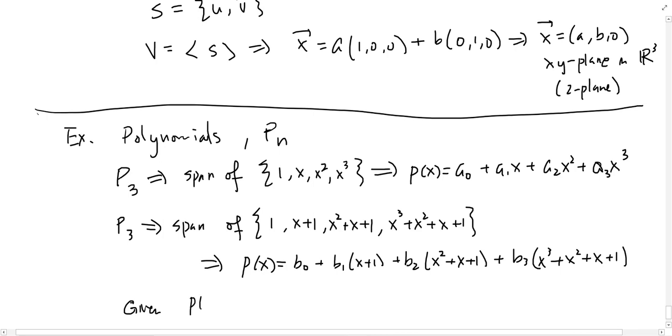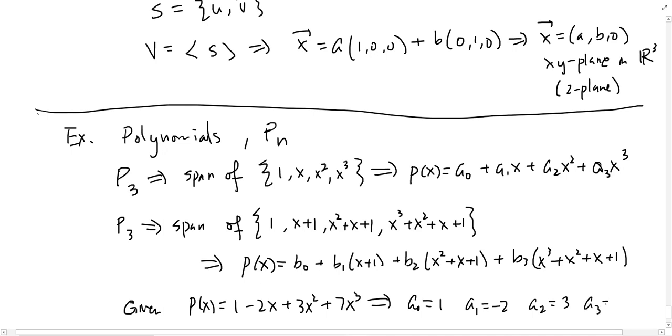Let's say I'm given this polynomial p of x equal to 1 minus 2x plus 3x squared plus 7x to the third. Then I can say that just means I have a sub 0 equal to 1, a sub 1 equal to negative 2, a sub 2 equal to 3, and a sub 3 equal to 7. So that becomes the specific set of scalars along with this span that will allow me to form this particular polynomial function.